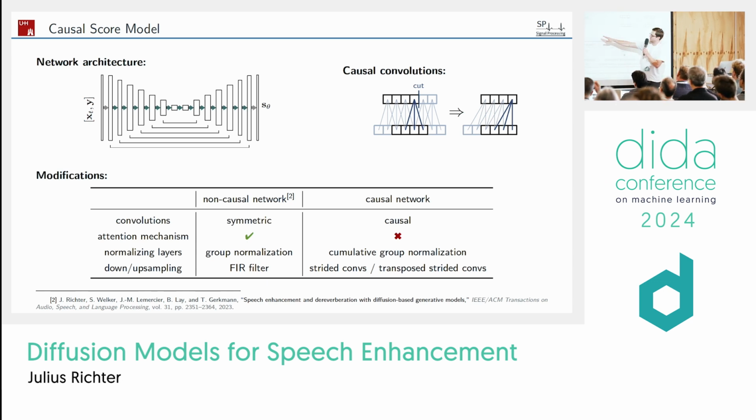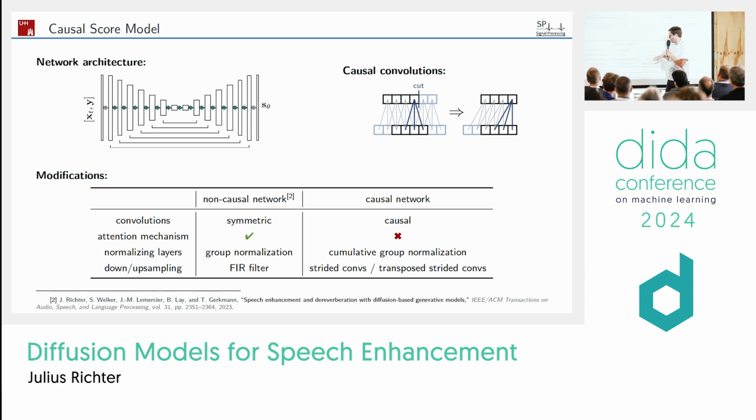Then, at some layers in the UNet, we have attention mechanisms. We had to remove them as well because they are non-causal. Of course, we could also use masked attention, but we just removed it. Then we have normalizing layers, a big thing in neural networks to make them work properly.